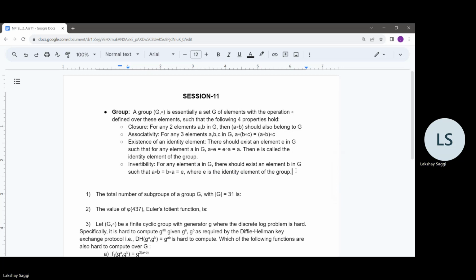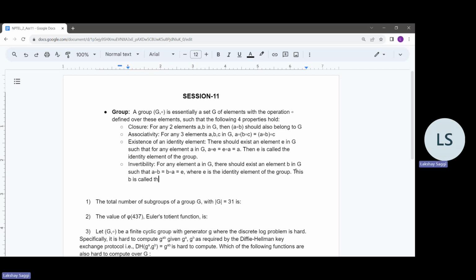So this B is called the inverse of the element A. B is called the inverse of the element A, and it is also denoted by A raised to the power minus one.